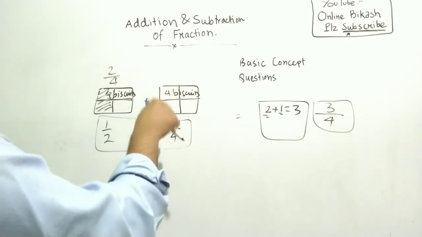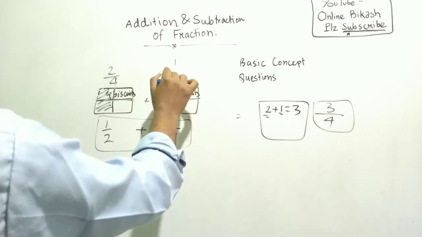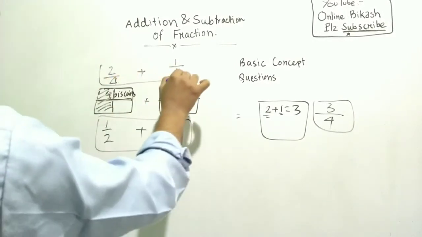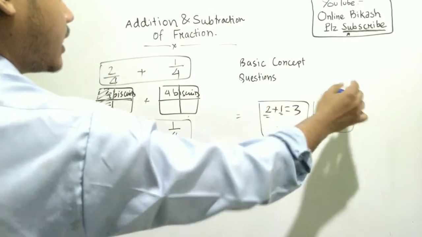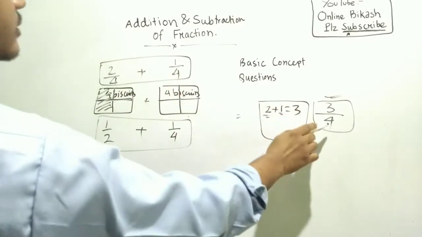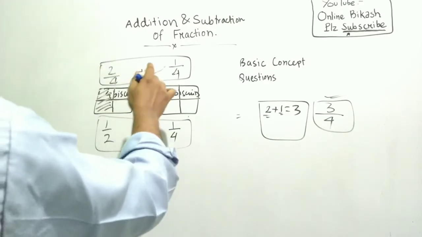And if you take 1/4, this is already divided into 4 equal parts, so you take one part. Now if you add 2/4 and 1/4, you get 3/4. How? 2 plus 1 is 3, and the common denominator 4 stays. So 2/4 plus 1/4 is 3/4.